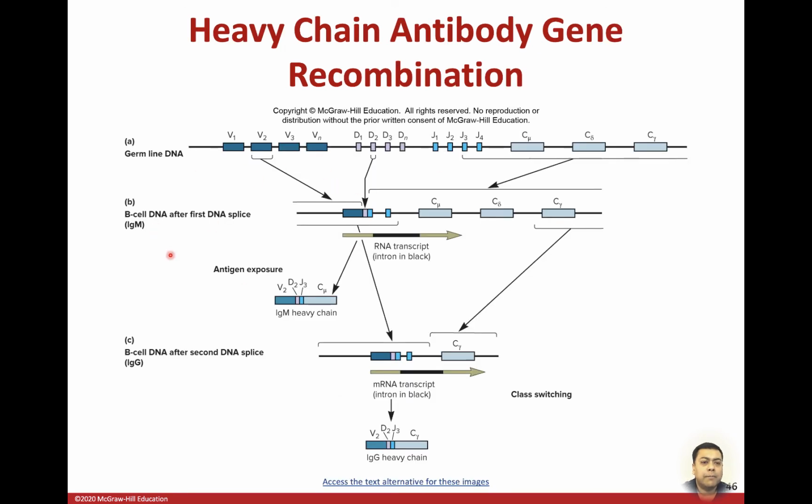So now, for an example, initially the B cell DNA after the first DNA splice will produce an IgM which contains this mu region. Then there's a particular enzyme that is activated when there is a first exposure to the antigen, which is known as activation-induced cytidine deaminase, or AID.